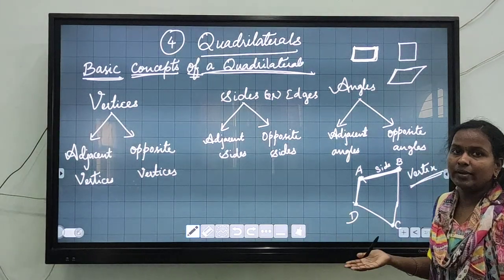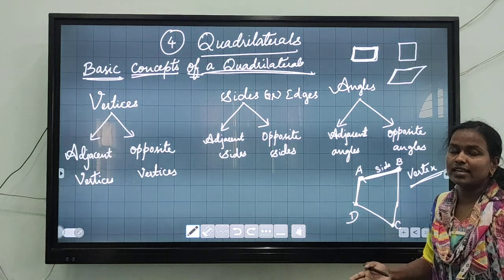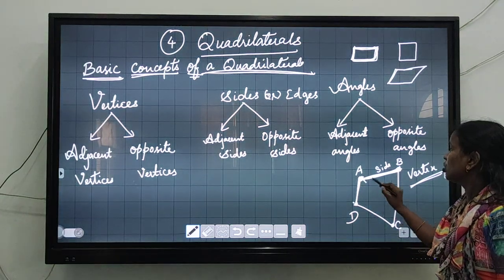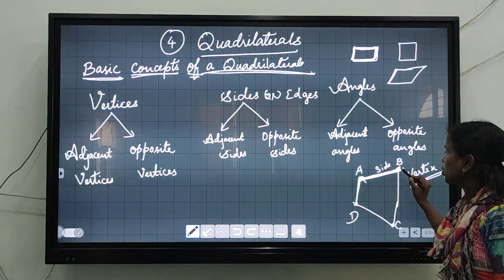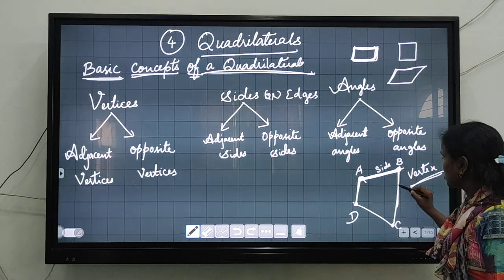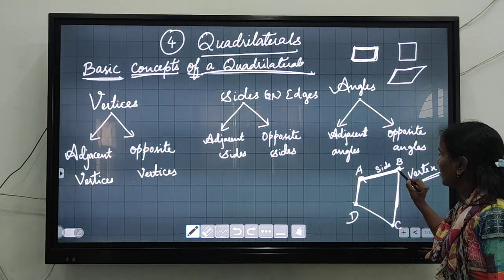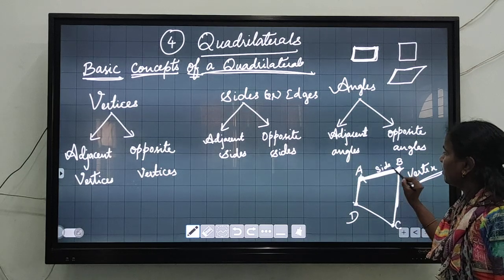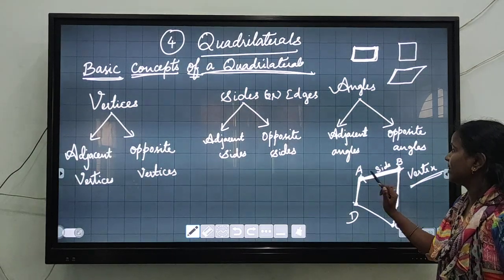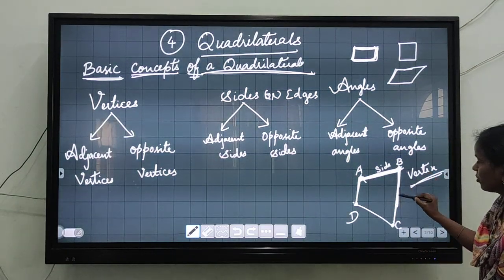Adjacent sides. Adjacent means next one, the nearest, closest side. So this side is next to side AB. This line AB is one of the lines, and this side is adjacent to side AB.